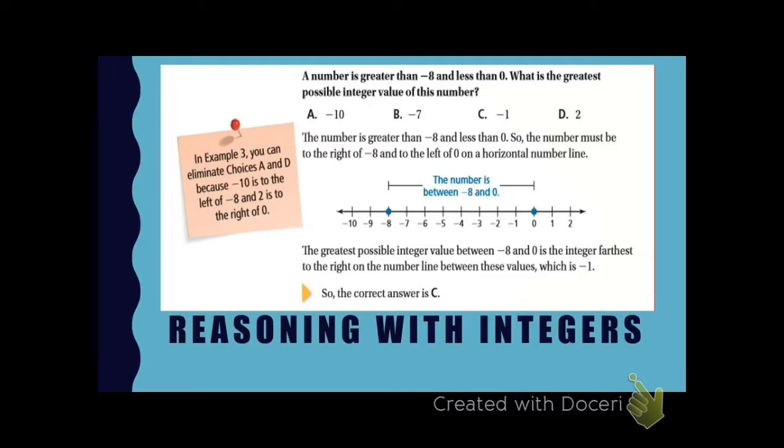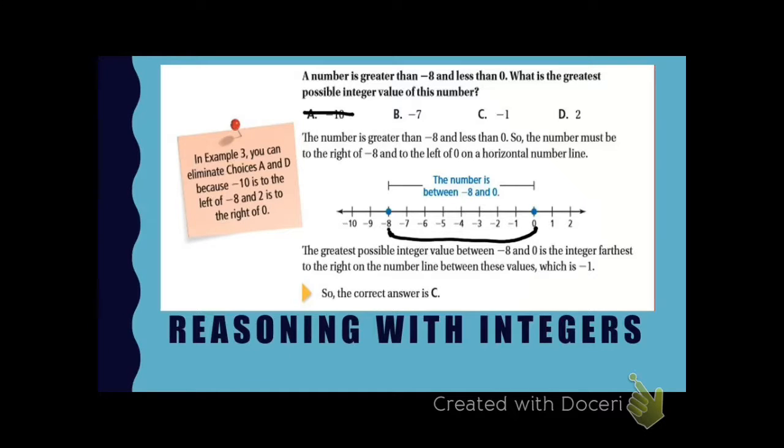All right, let's look at this. They call it reasoning with integers or thinking it through. It says a number is greater than -8 and less than 0. What is the greatest possible integer value of this number? Okay, so they took a number line and they marked -8 and they marked their 0. We need to find the greatest integer between -8 and 0. So when I look at my 4 choices up here, -10 is not in this bracket.